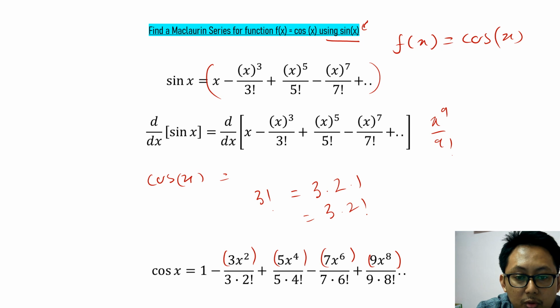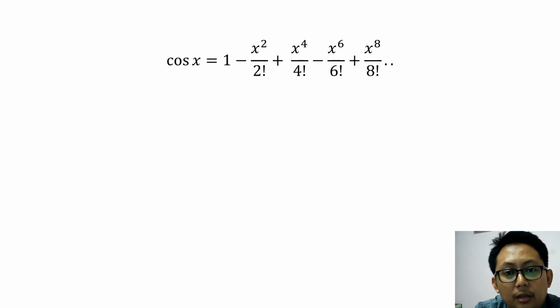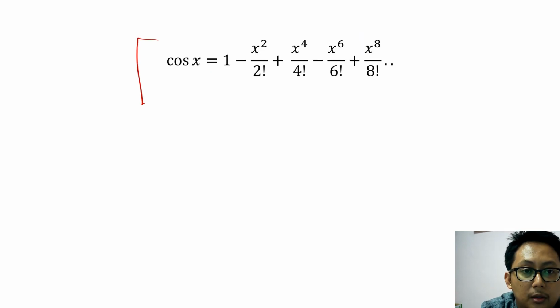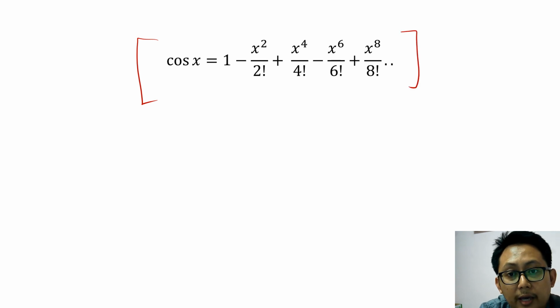Same with the 5 and 7, because we want to cancel this out, just to make it easier. So finally, this is the series for cos x. We have the same numbers here, 2 and 2 factorial, 4 and 4 factorial, 6 and 6 factorial, 8 and 8 factorial for cos x.